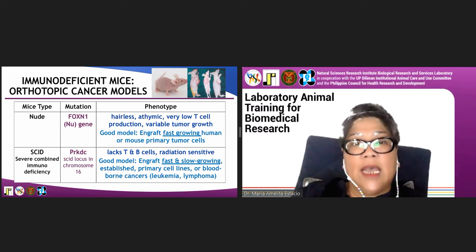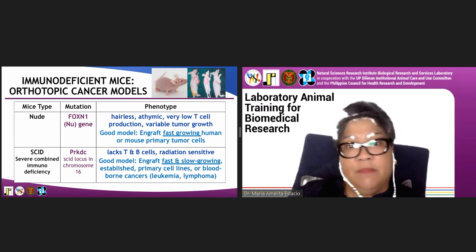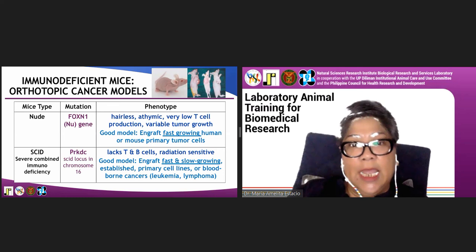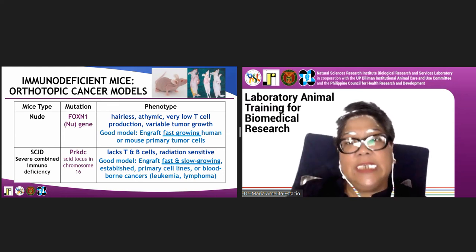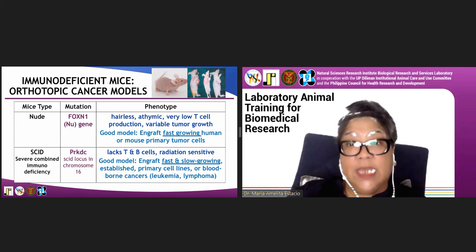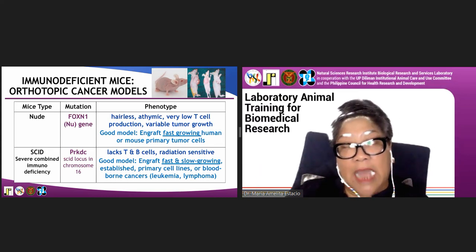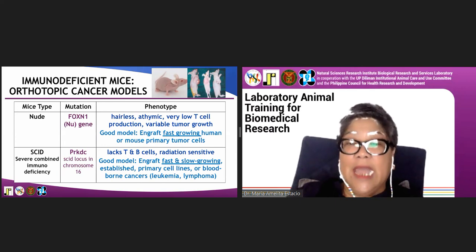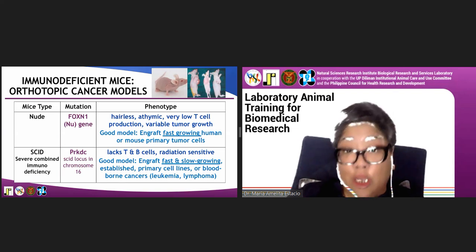So it has a mutation in the PRKDC. This is the SCID locus, specifically in chromosome 16 of the mouse. And the good thing about this, they are immunodeficient and they lack both the T cells and the B cells. So they don't produce the T lymphocytes and the B lymphocytes. Which means that if you transplant or inject the tumor cells, whether these are slow growing or fast growing tumor cells, then it can grow in this particular model.